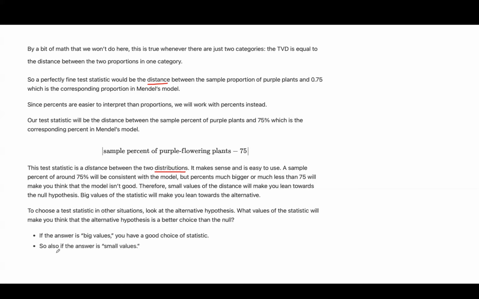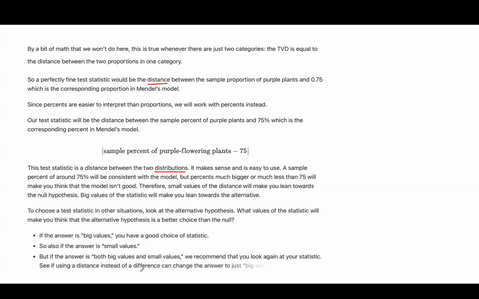Also if the answer is small values. But if the answer is both big values and small values, we recommend that you look again at your statistic. See if using a distance instead of a difference can change the answer to just big values.